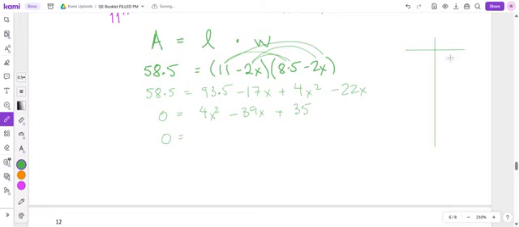We're really looking for something that gives us 140. 2 and 70. Both have to be negative. So I can factor.